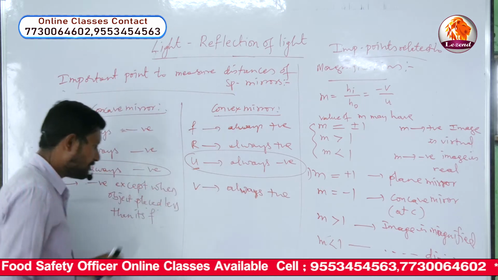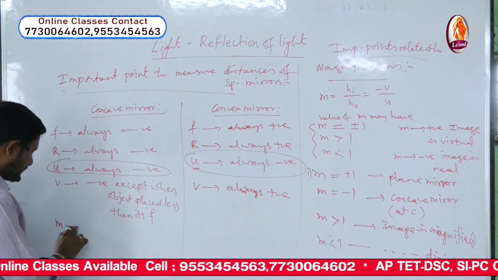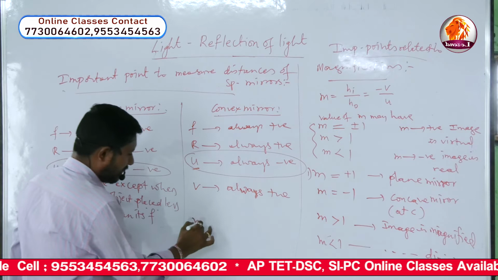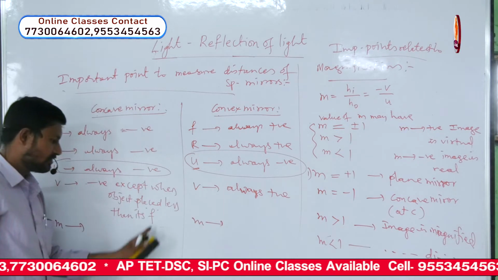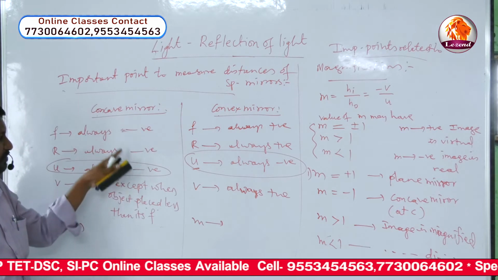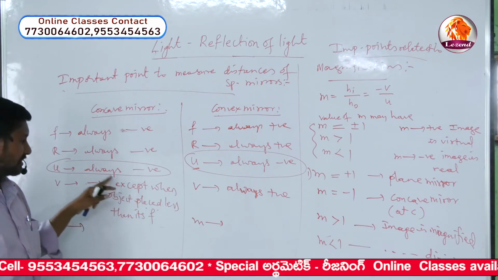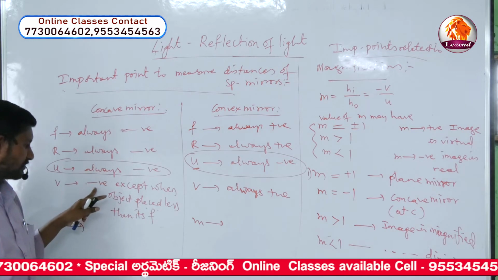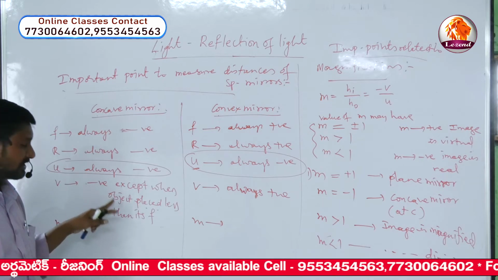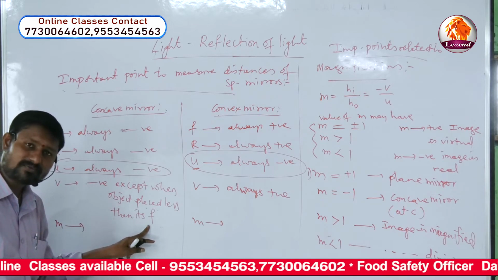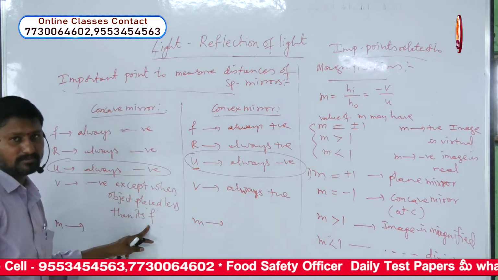And now compare here the m value for concave and the m value for convex mirror. A concave mirror always forms a real image, because v is positive. When the object is less than its focal length, you get a virtual and erect image.